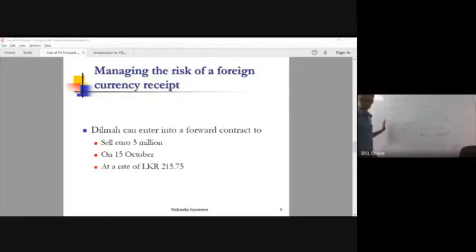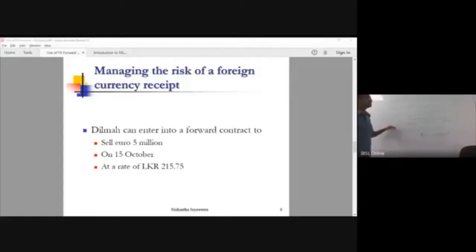But if you would like to fix everything at this price, irrespective of the exchange rate on 15 October, you would like to receive a certain amount which is known to you today on October 15.